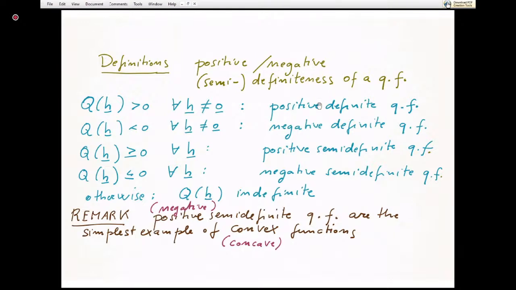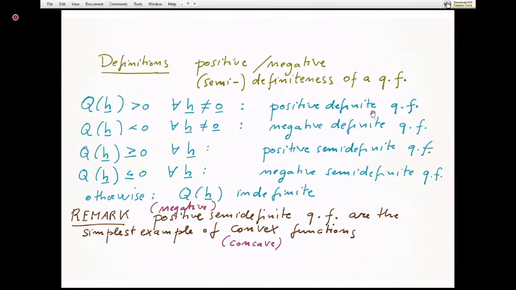And the name of the case is clear. The meaning is inside the name already. Positive definite quadratic form means that you can select any value for the variables h1 and h2, or also for the n variables h1 up to hn, and the quantity is always positive.